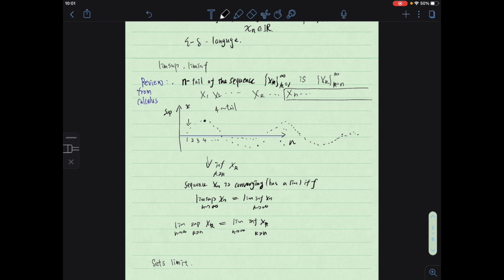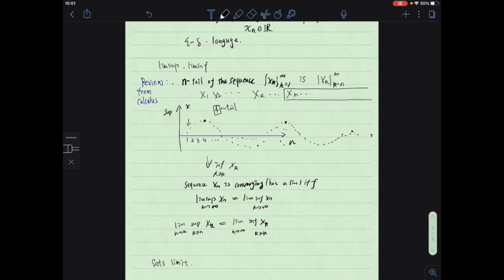And as we increase this index, the tail index, as you can see, the suprema actually gets smaller and smaller until it converges to 0, right? So we call that 0 at the end the limit superior, which is the minimum suprema.